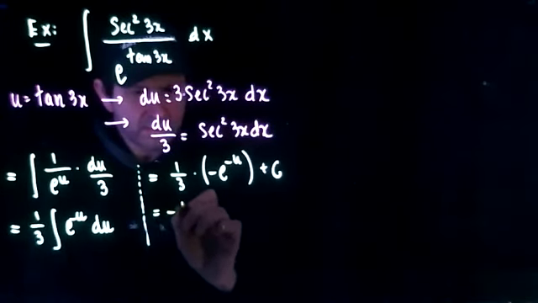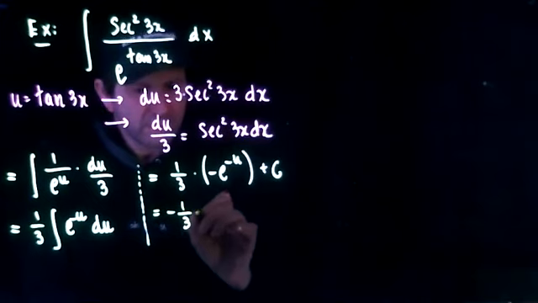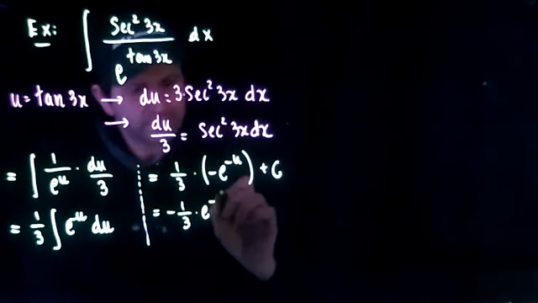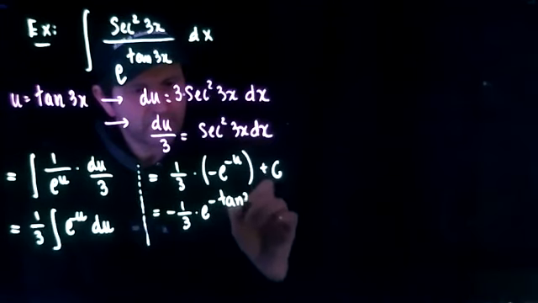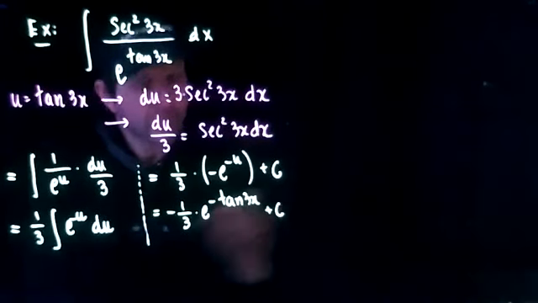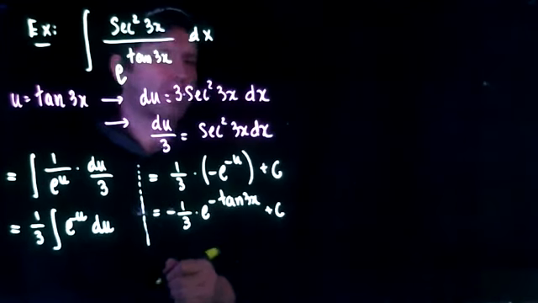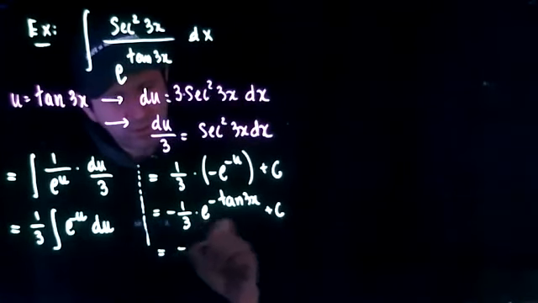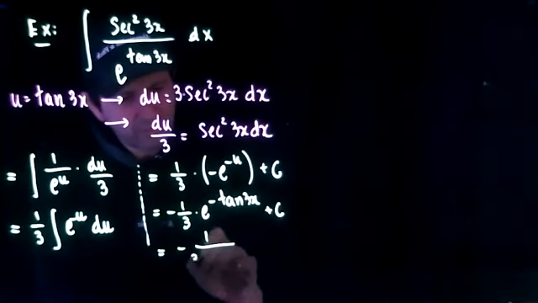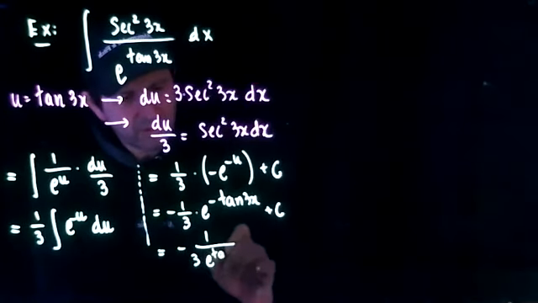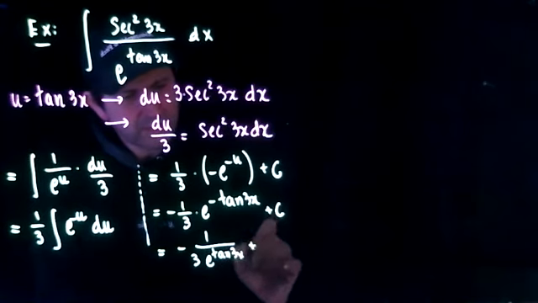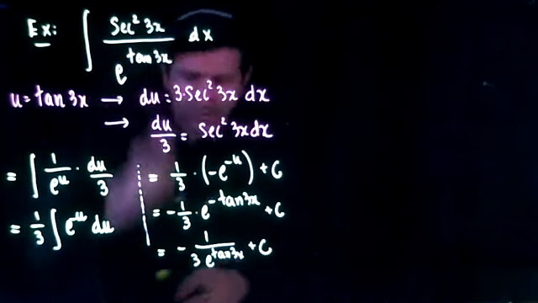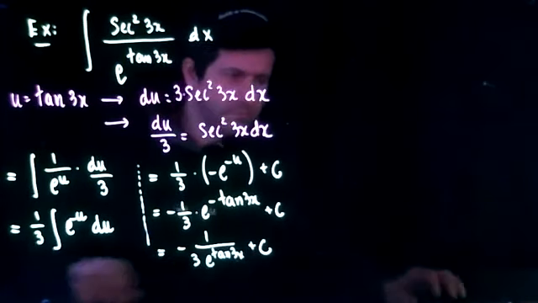It's minus 1/3 times e to the minus tangent 3x. That's the answer. And if you don't want a negative exponent, it will be negative 1 over 3e to the tangent 3x plus c, and that's your answer.